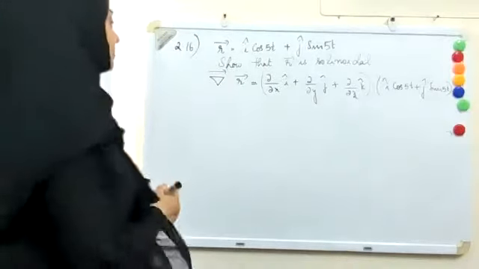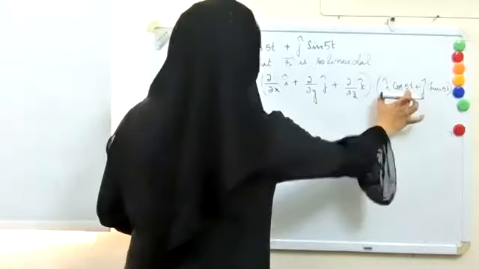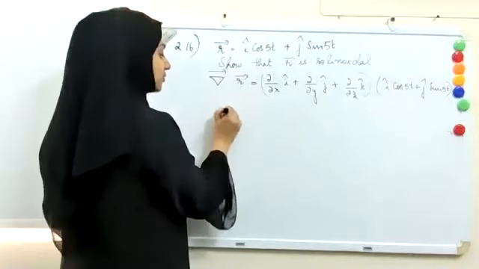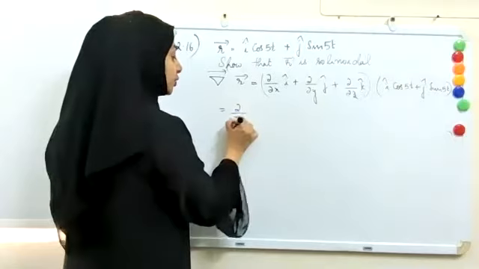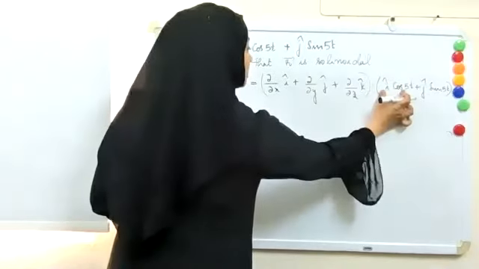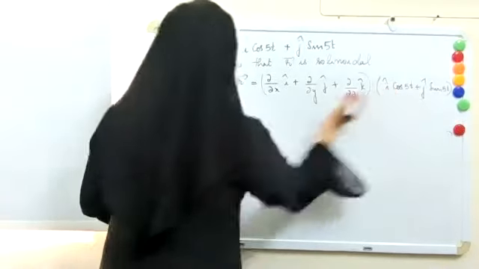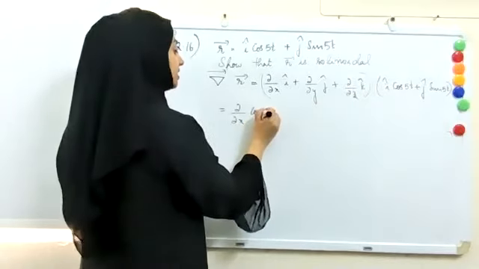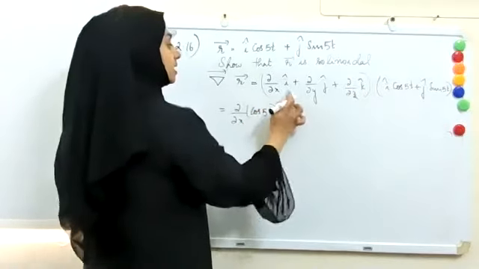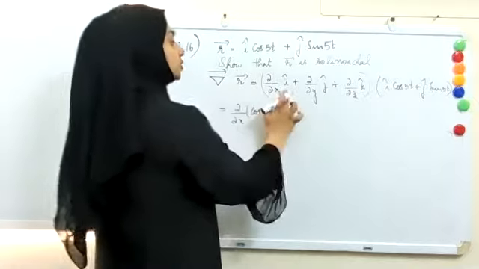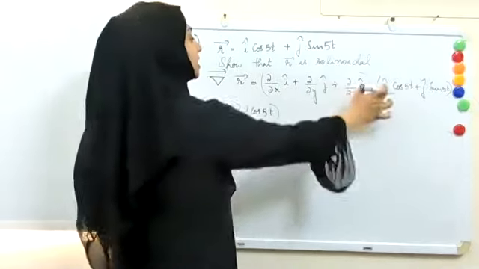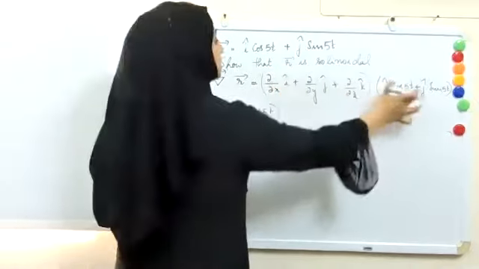Here, you won't have to use those formulas, especially in this. This is equal to dou by dou x of the i quantity here, which is cos 5t. It's a dot product, so no need to take i. i dot i is 1 and i dot j is 0.